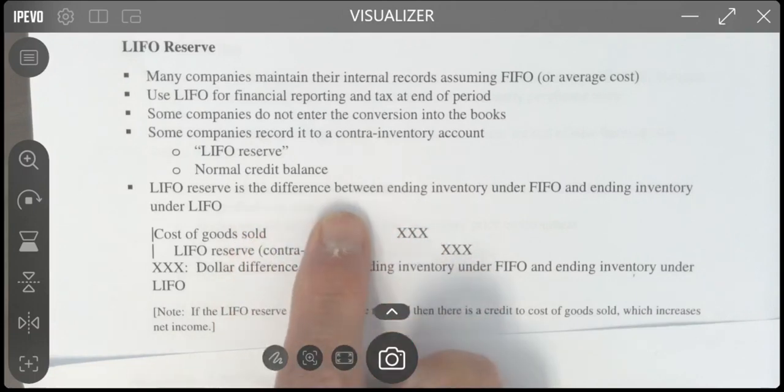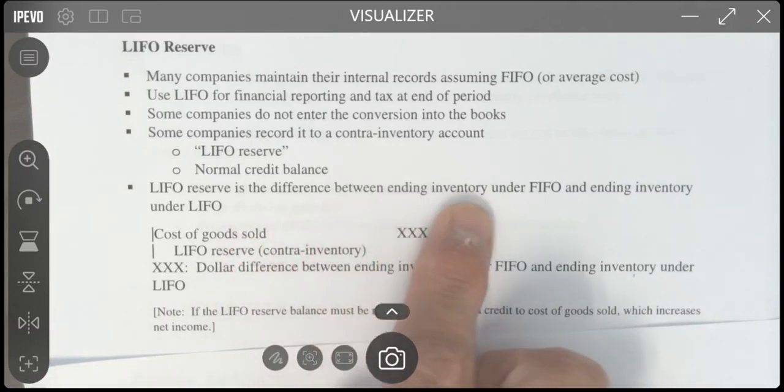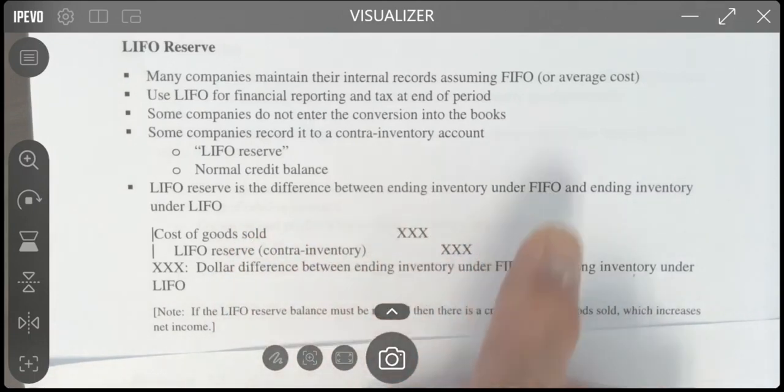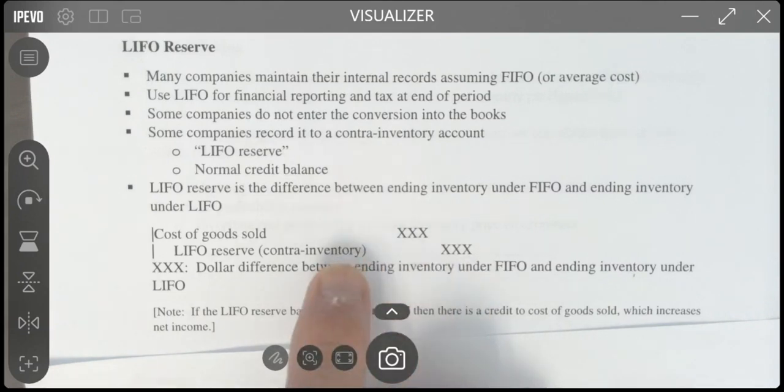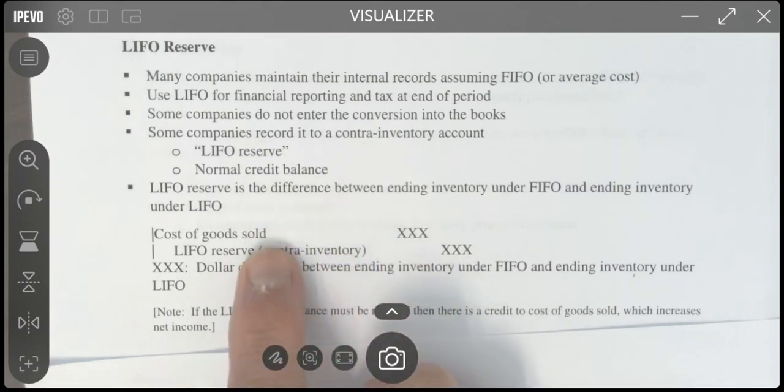The LIFO reserve is the difference between ending inventory under the first in, first out cost flow assumption and ending inventory under the last in, first out cost flow assumption. We set it up by calculating that difference, and that's the LIFO reserve, and then debiting cost of goods sold.